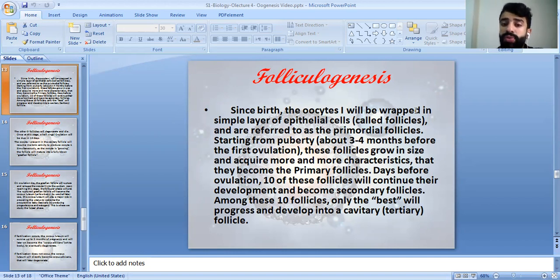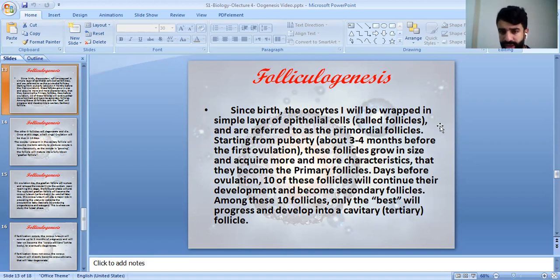So oocyte 1, since birth, will be wrapped, covered by a simple layer of epithelial cells. They are referred to as follicles. These follicles are simple cells. They are called primordial follicles.